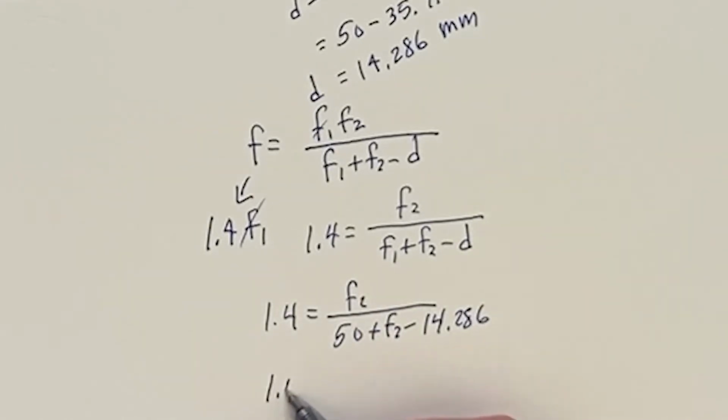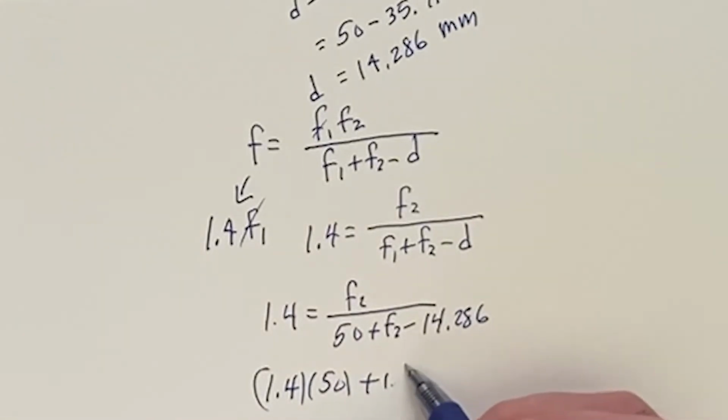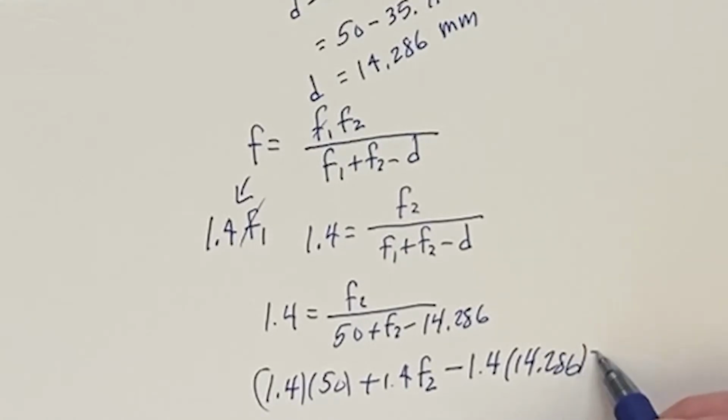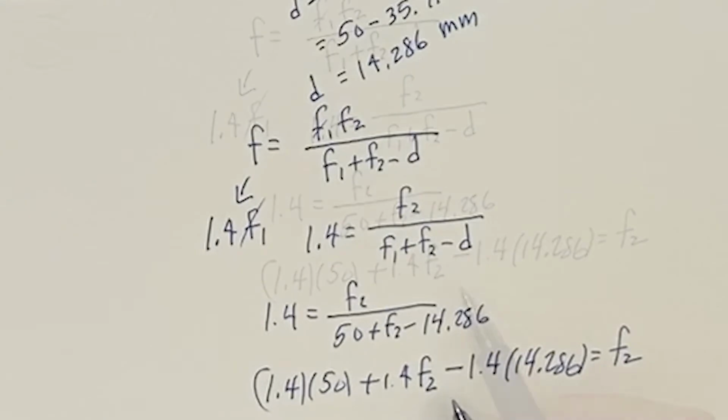So we get 1.4 times 50 plus 1.4 times F2 minus 1.4 times 14.286 is F2. That's like taking all this and bringing it to the left-hand side.